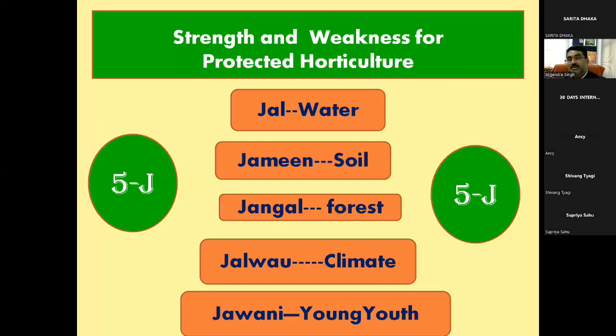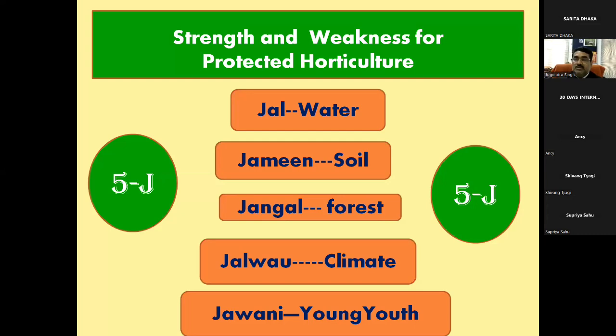First of all, to start protected cultivation, we need the 5J or 6J: water, soil, forest, climate, animal and youth. In Hindi, जल, जमीन, जंगल, जानवर, जलवायु और जवानी.